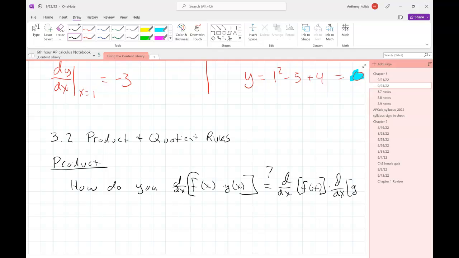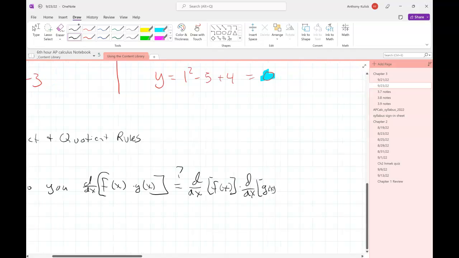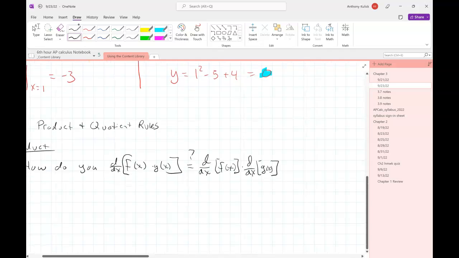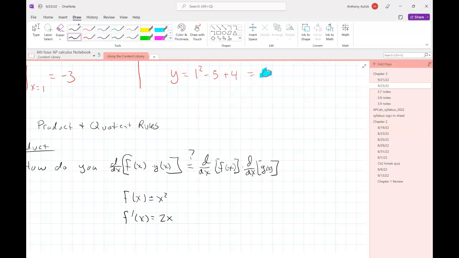And that seems like a reasonable guess. Let's do a little test case then. So let's just say our function is equal to x squared. If I take the derivative of that, I get 2x.